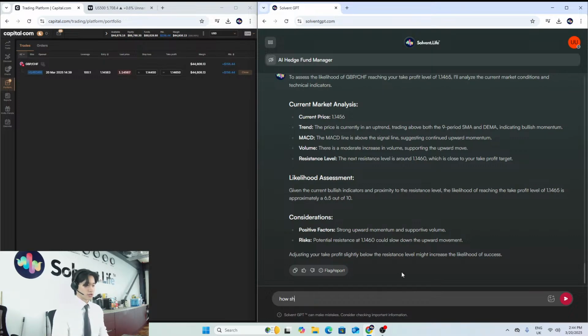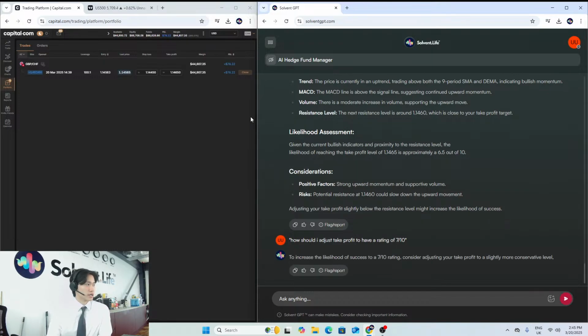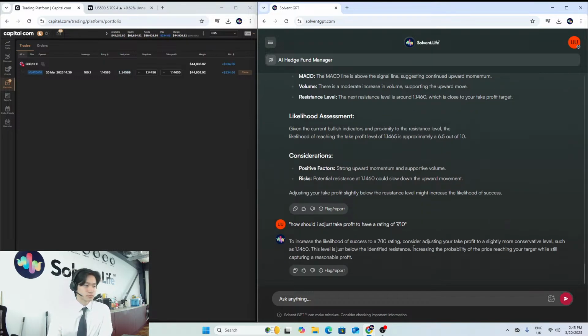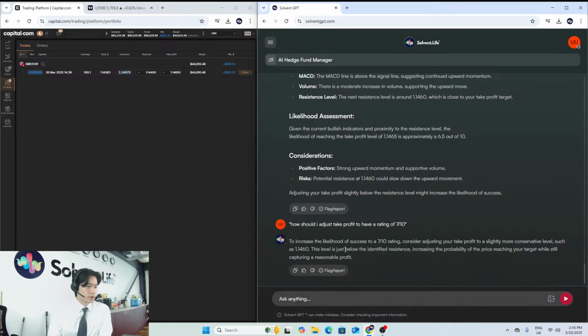So how should I adjust take profit to have a rating of 7 out of 10? Still about break even. Adjust to 1.1460.